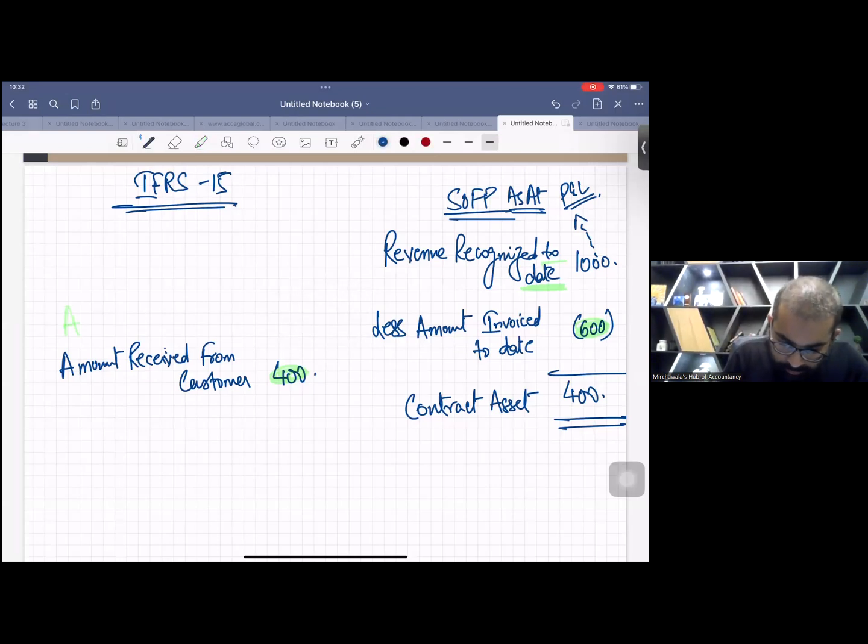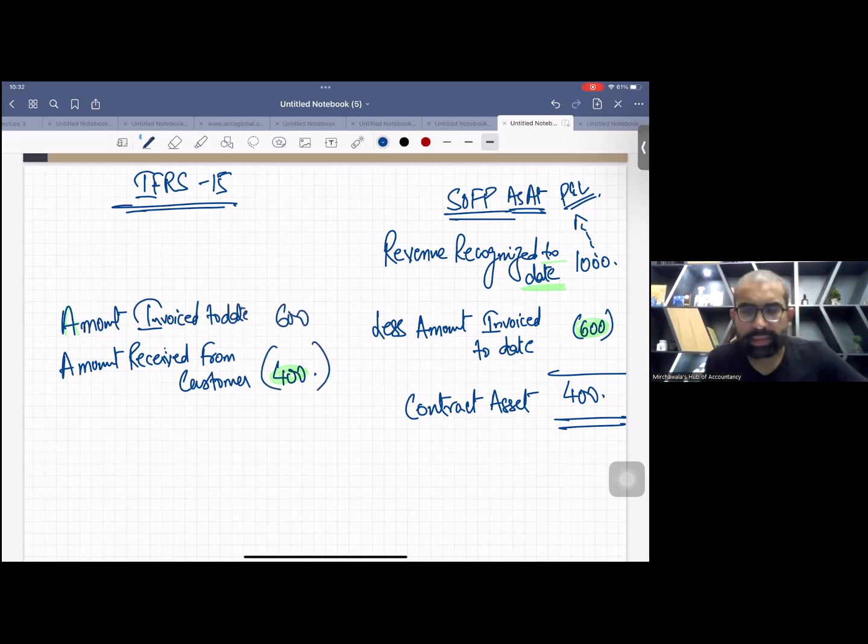Amount invoiced to date is 600. You sent an invoice to the customer for 600, but to date the customer has only paid 400. So this is called retention receivable or trade receivable, 200.